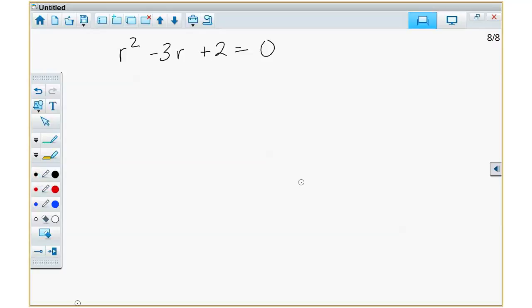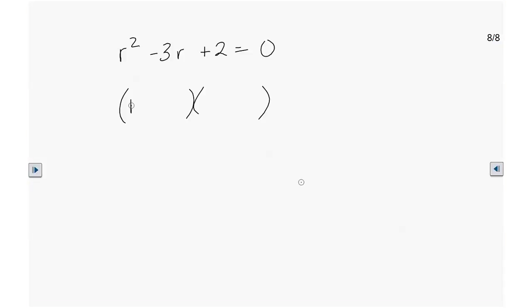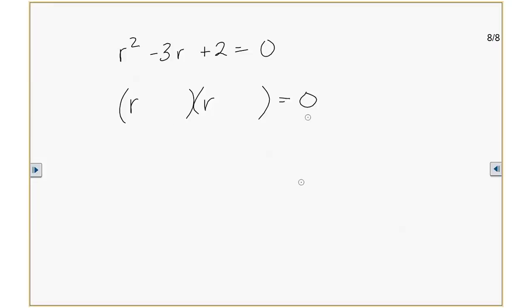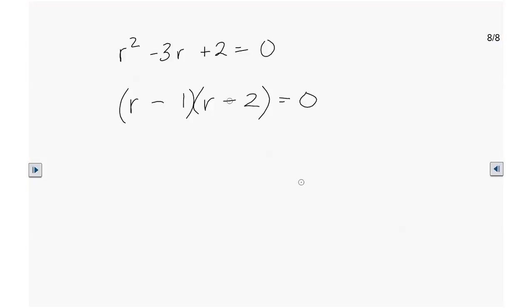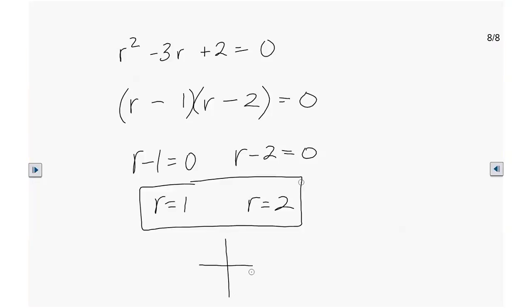Factor. And when you graph that, you get what? You get the donut.